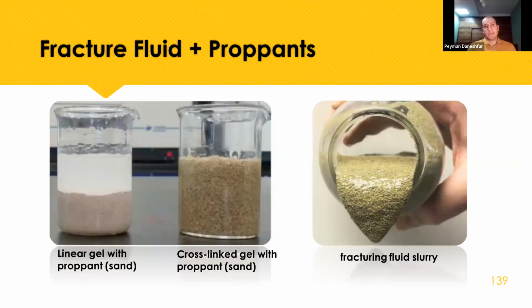Another sample is linear gel with the Proppant. You see that the Proppant settles in a linear gel, but in a cross-linked gel with Proppant, it's a homogeneous, flowing fracture slurry. Again, you can see it looks homogeneous.